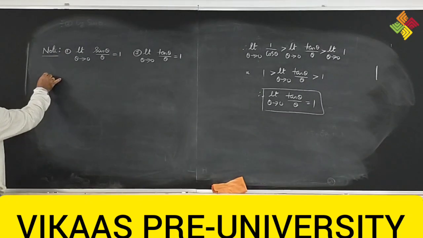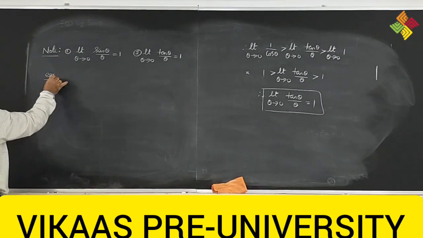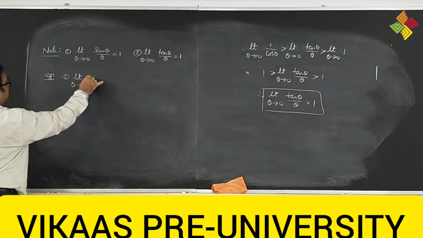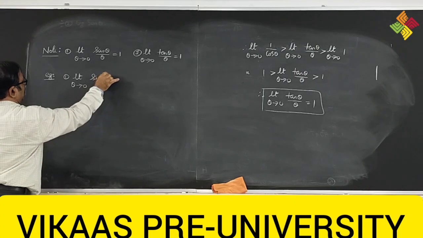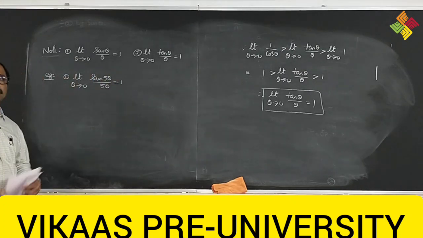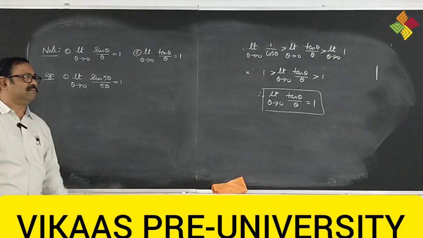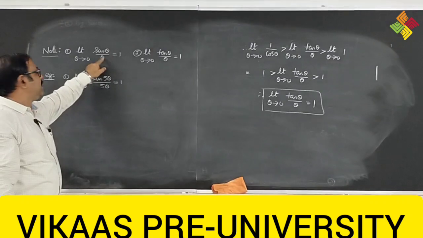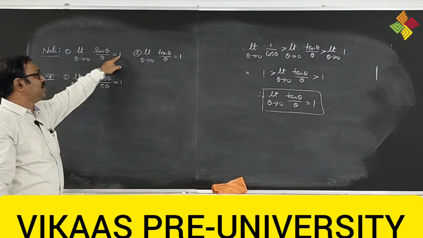Now, as an example, we can write limit theta tending to 0 sin 5 theta by 5 theta is 1. Why? It is not 5, it is 1. We have sin theta by theta as theta tending to 0 is 1.